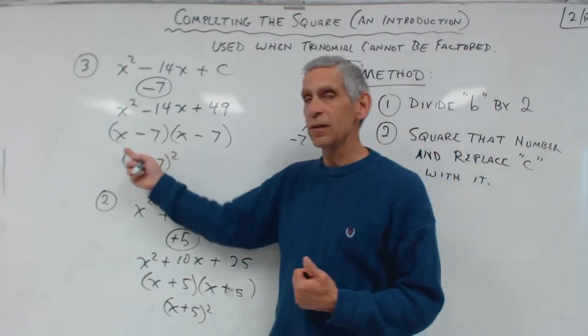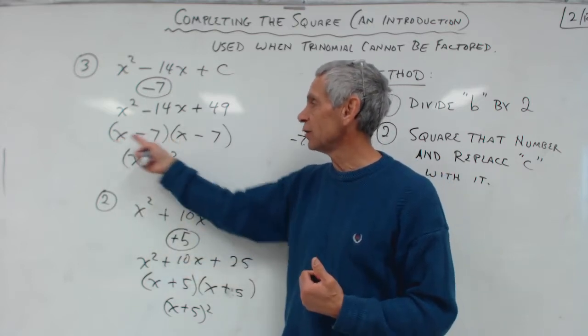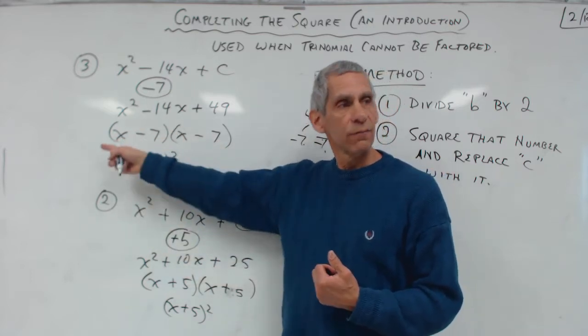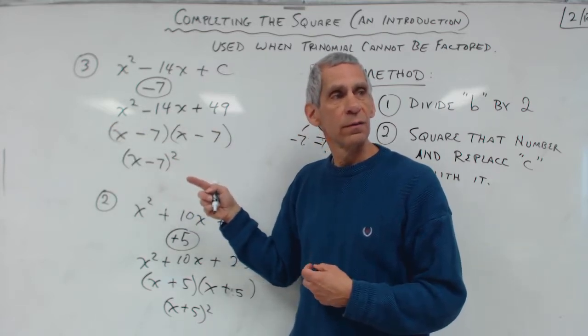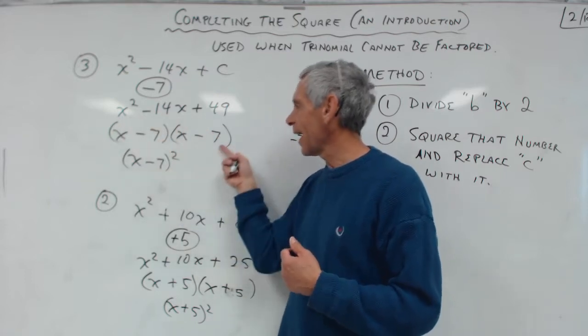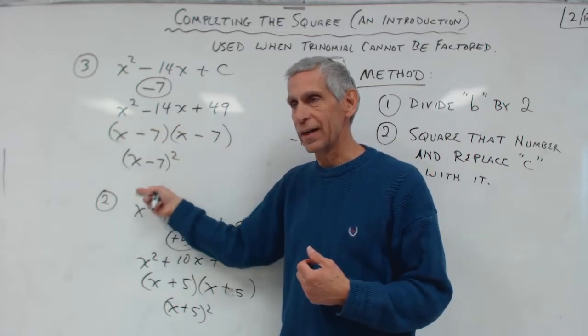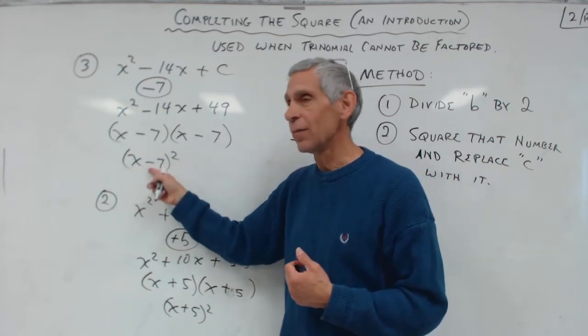It's FOIL. It's a binomial times a binomial. You've got to do first, outside, inside, last. That's how you find out what x minus 7 squared is. It's not just x squared minus 7 squared.